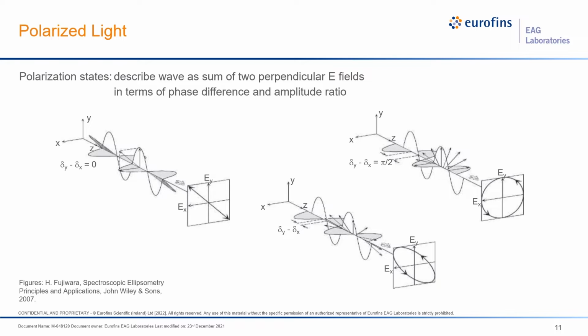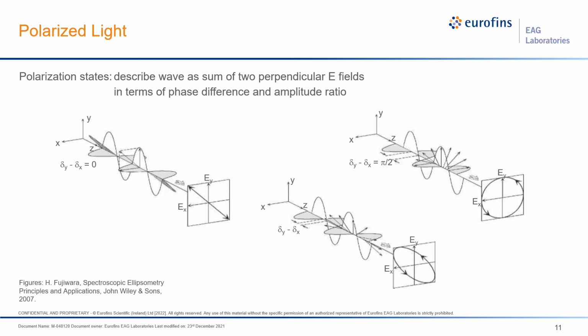Therefore, the electric field of a wave traveling along the z direction can be described by its x and y components. In ellipsometry, we are interested in the polarization state of the light. The polarization state is defined by the shape that the electric field, resulting from the combination of these x and y components, traces out at any point along the z direction.